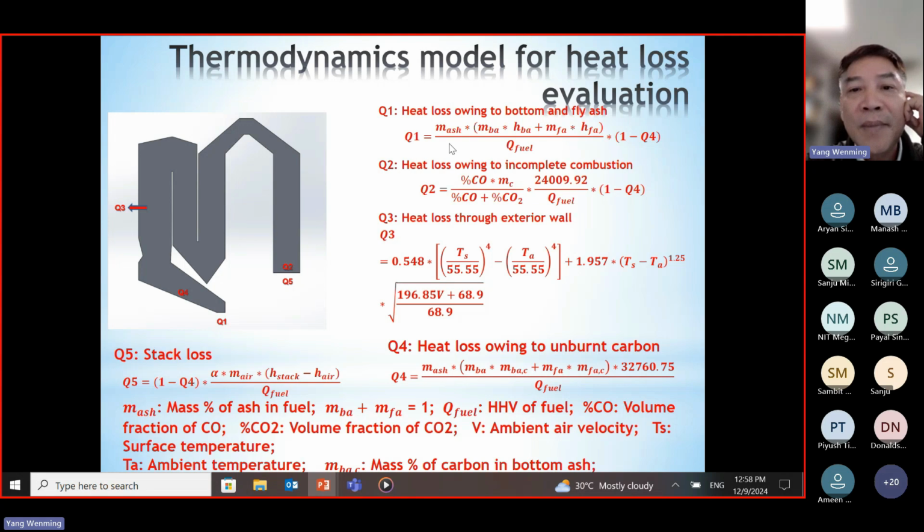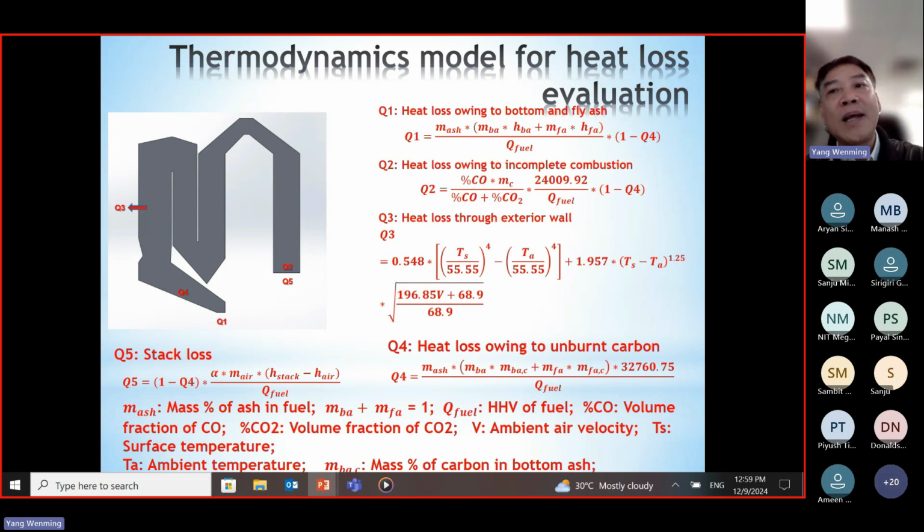So the second one is the heat loss owing to incomplete combustion, which is the CO content in the exhaust gas. The third is the heat loss through the external wall, the outer surface. In the boiler system we have high temperature flue gas, and the wall is insulated. However, even with good insulation, the temperature on the external surface is still higher than the environmental temperature.